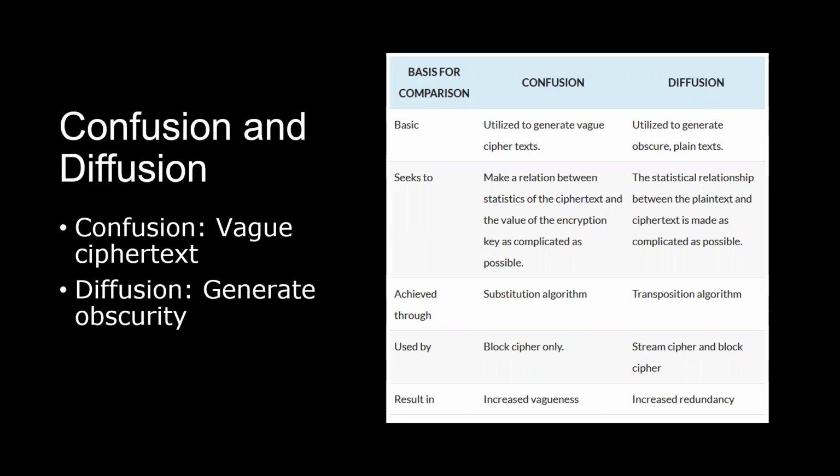Some other key points: confusion is really only with block ciphers, not stream ciphers, and diffusion is with both stream and block ciphers, which we'll go over next week. As I mentioned, increased vagueness for confusion, increased redundancy for diffusion.